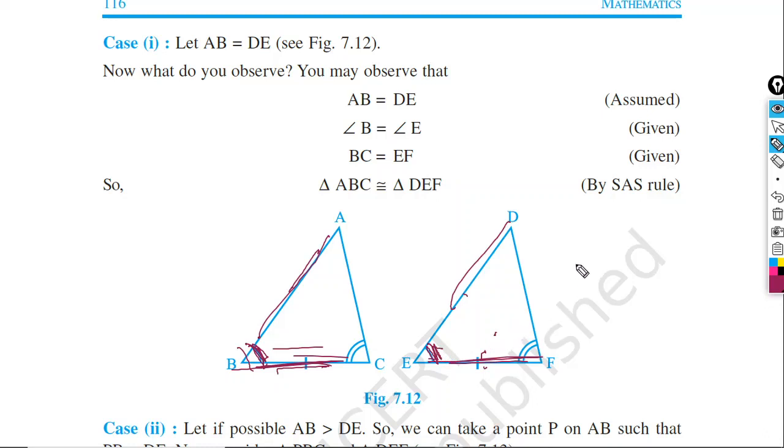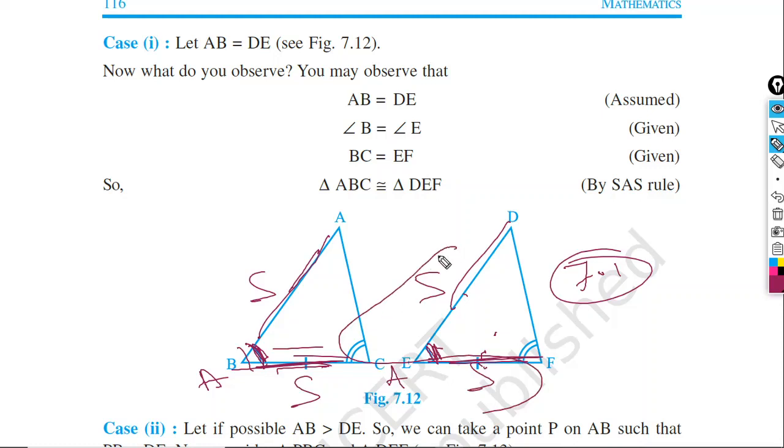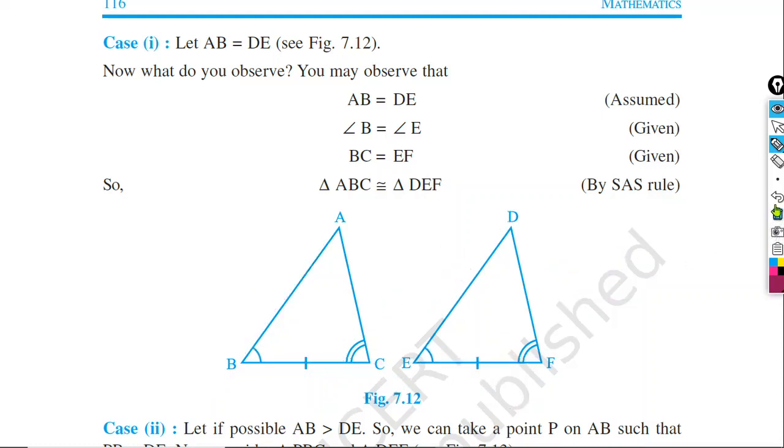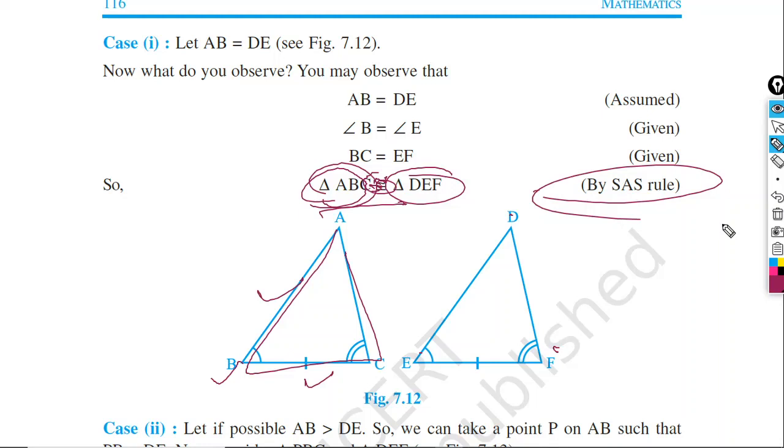This is axiom 7.1, the side angle side axiom. So we can say triangle ABC is congruent to triangle DEF. Under which congruency rule? Side angle side.